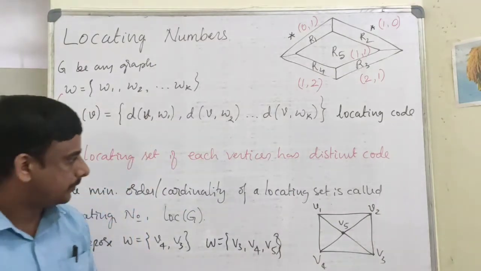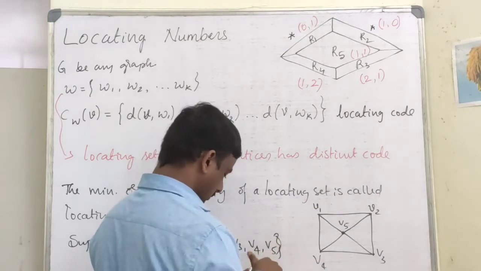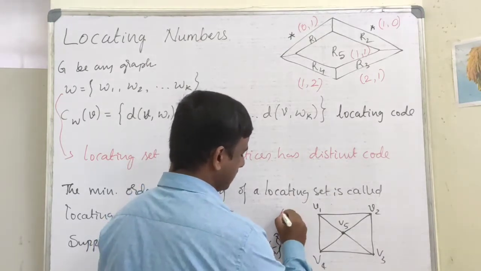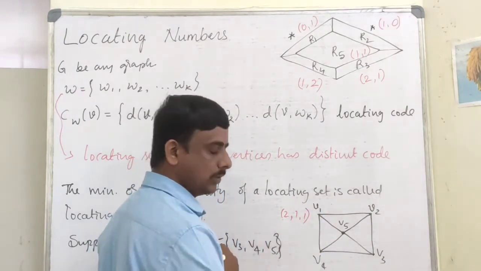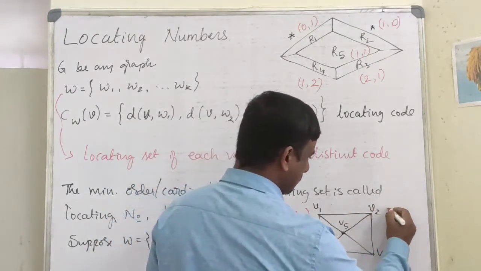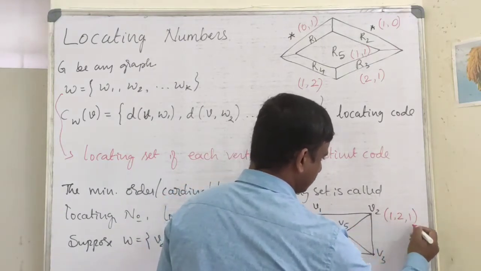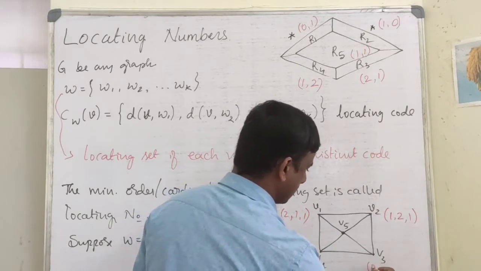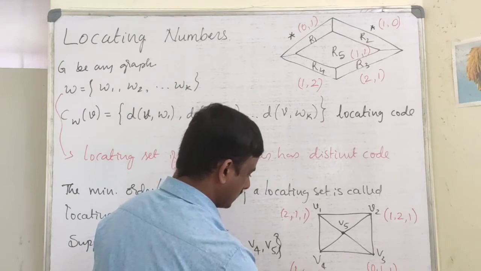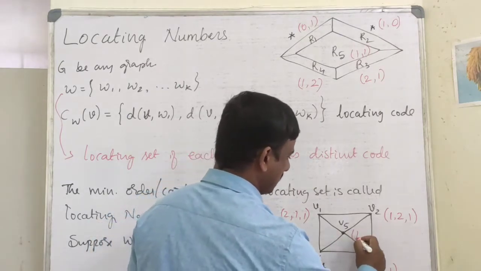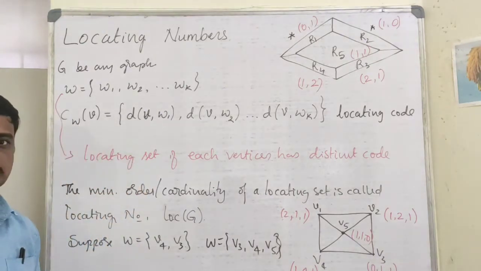The code of V1: distance from V3 is 2, distance from V4 and V5 is 1, 1. So it gets code 2 1 1. This gets code 1 2 1. This gets code 0 1 1. This gets code 1 0 1. This gets code 1 1 0. See, each vertex has a different code.